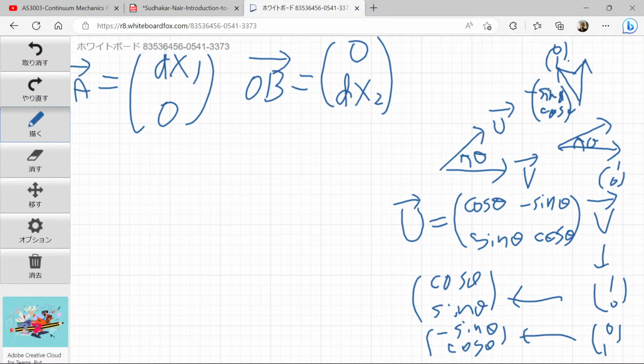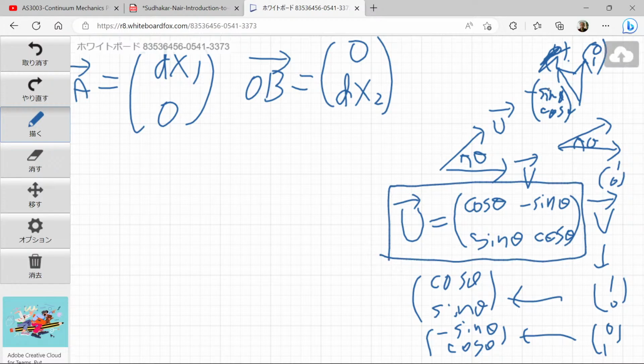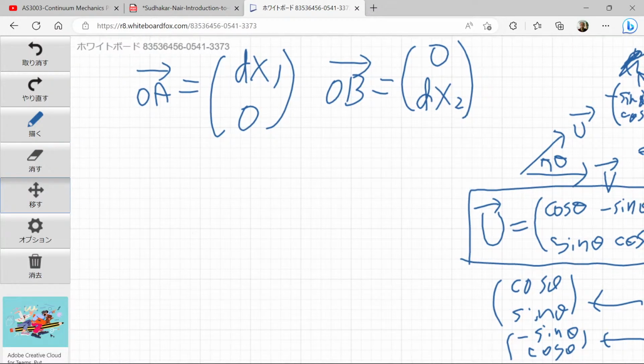So the 0, 1 vector goes to minus sine theta, cosine theta, and the 1, 0 vector goes to cosine theta, sine theta. So the rotation matrix for counterclockwise is this, right?